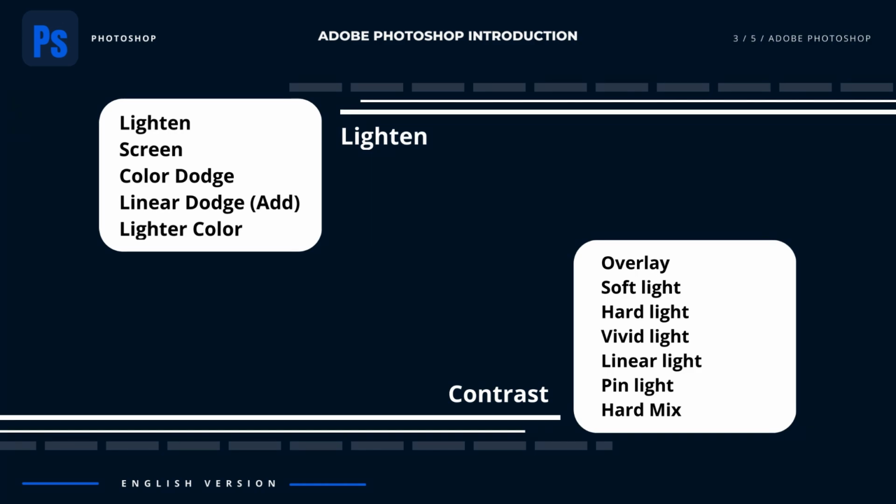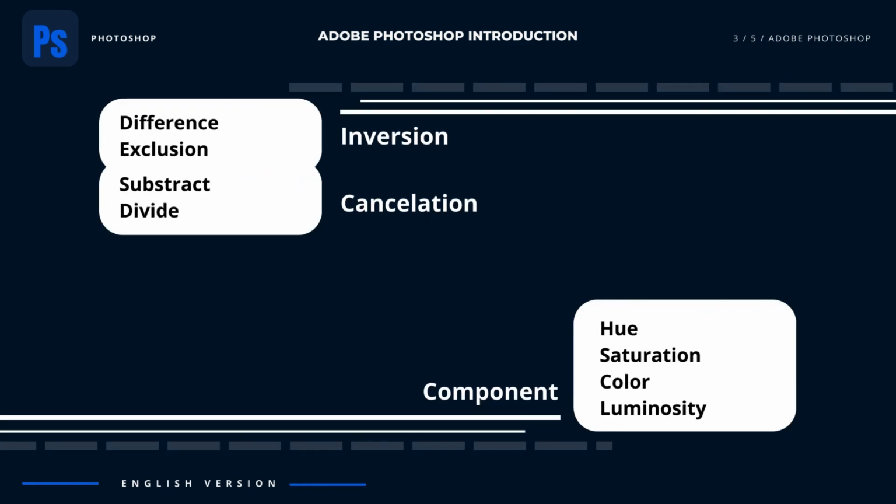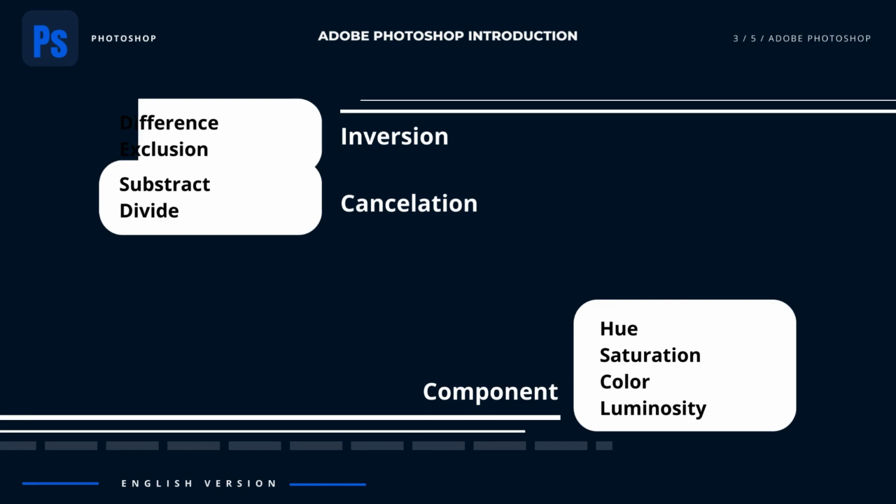For contrast, we have overlay, soft light, hard light, vivid light, linear light, pin light, hard mix. For inversion, we have difference and exclusion. For cancellation, we have subtract and divide. For component, we have hue, saturation, color, luminosity.